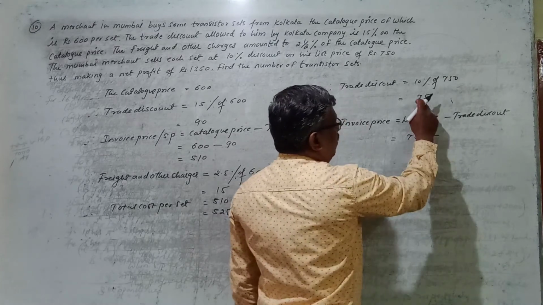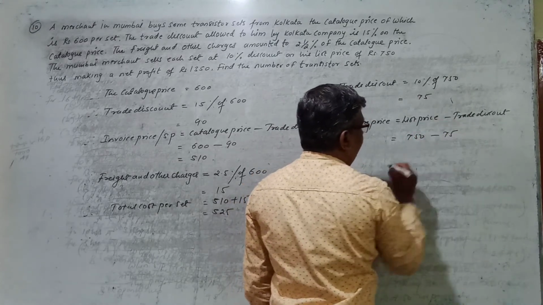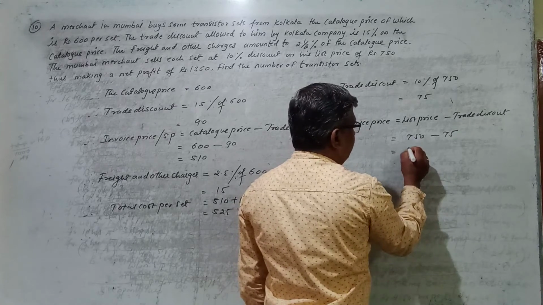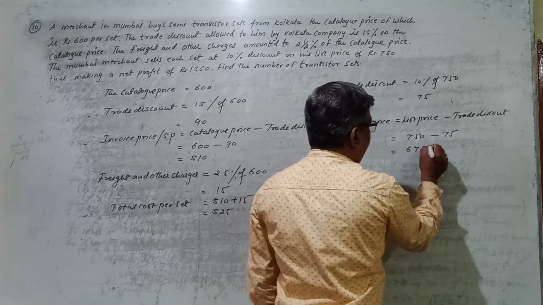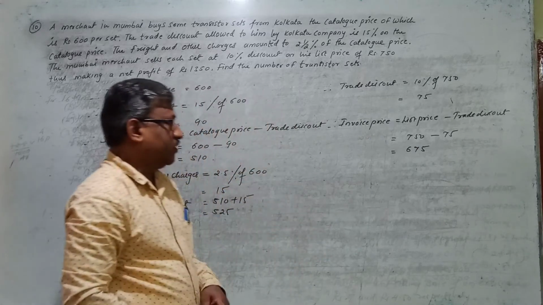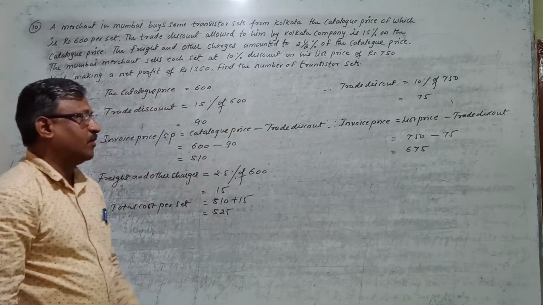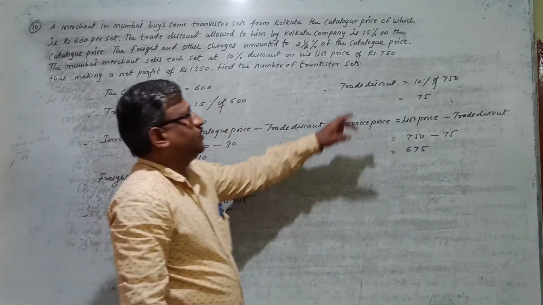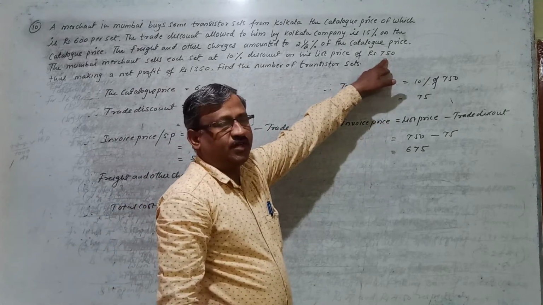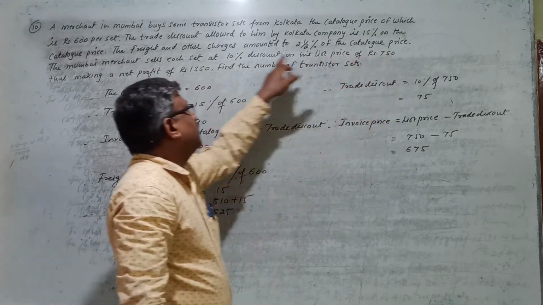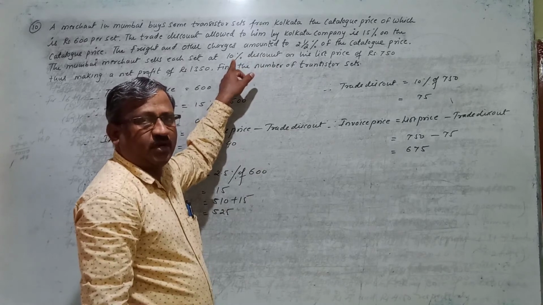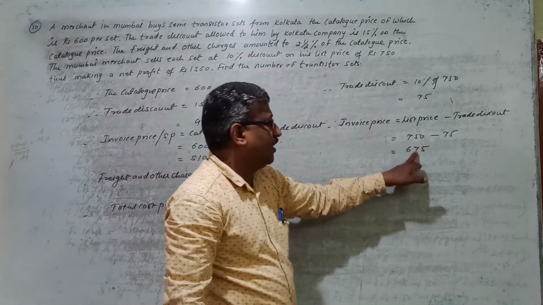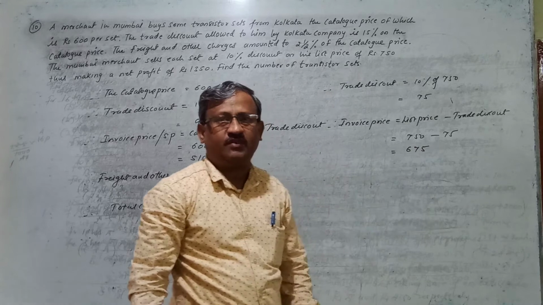And what is the discount given by the Mumbai merchant? It is 75 rupees. Means at what price he will sell? It is at 675 rupees. Means after buying the transistor set from the Kolkata company, he has fixed the price of his transistor set at 750, and on this he is giving 10% discount to his customer, and after giving the discount he is selling each transistor set at rupees 675.